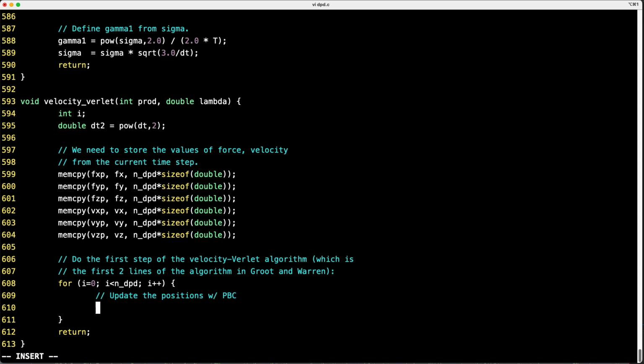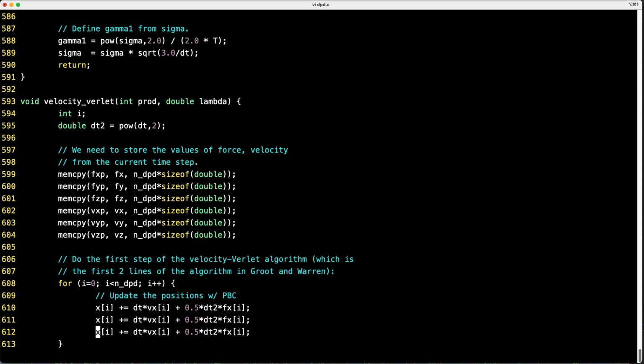So x of i will be x of i plus dt times vxi plus 1/2 times dt squared times fx of i. And this will be the same for y and for z.